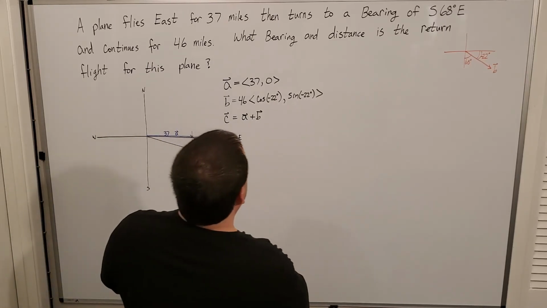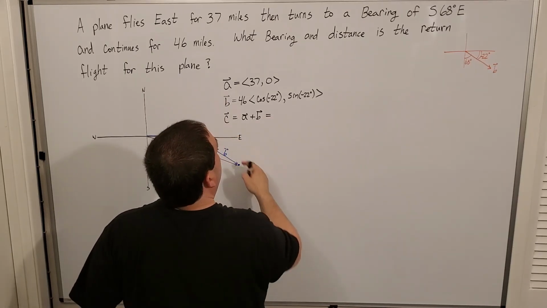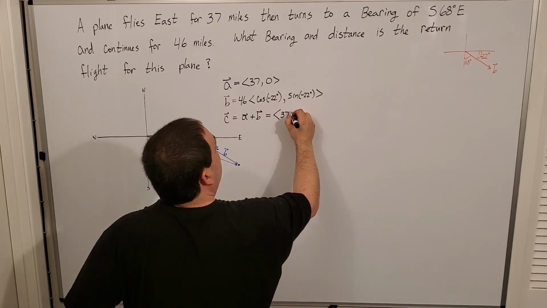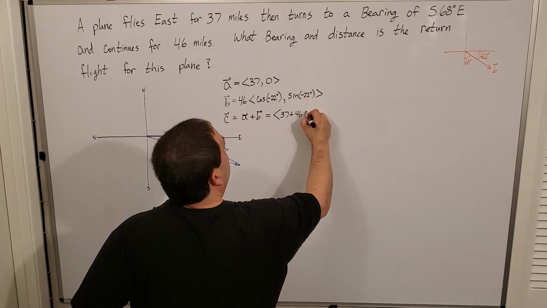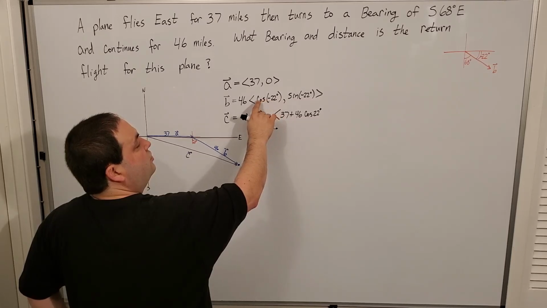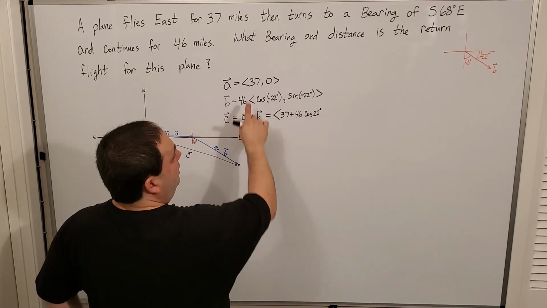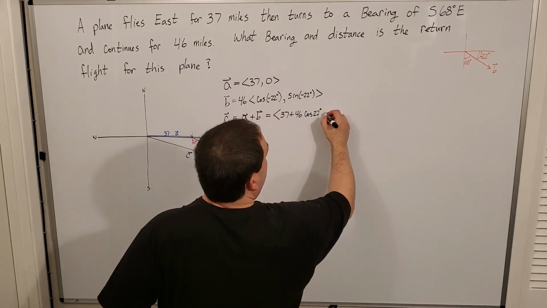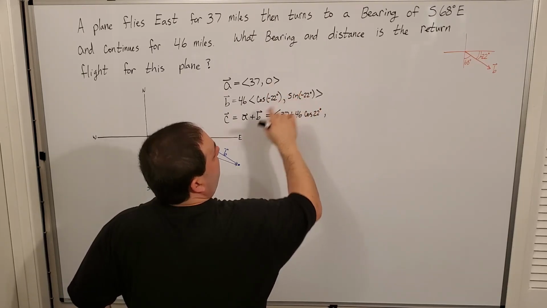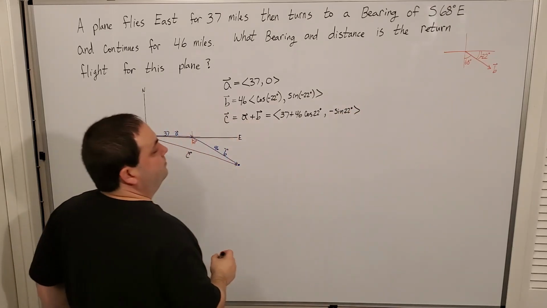Okay? So notice that I can do some finagling here. Vector C is going to be 37 plus 46 cosine of 22 degrees. Cosine is an even function. So doing the cosine of negative 22 is exactly the same as doing the cosine of positive 22, hence why I'm just adding those. And then sine is an odd function, so I have 0 plus negative, so in other words, just negative sine 22 degrees, like this.